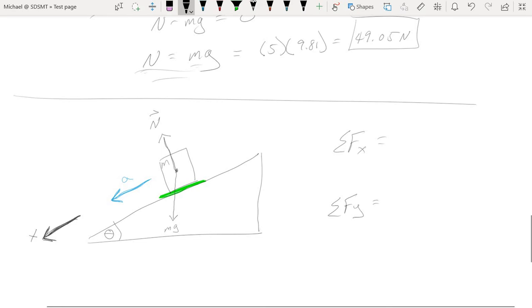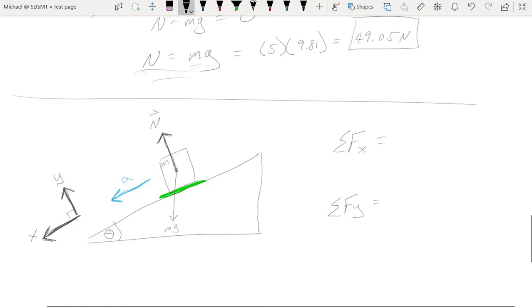For my Y axis, I really only have two options. I can either let it point up to the left or down and to the right. I have to have something that is at a right angle. And with those two choices, I can see that this one is probably the better of the two, because remember that your normal force was already pointing perpendicular to the incline.